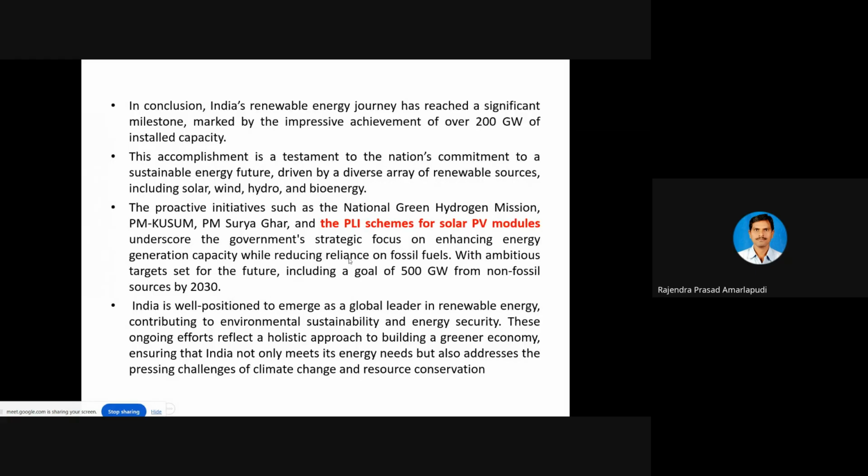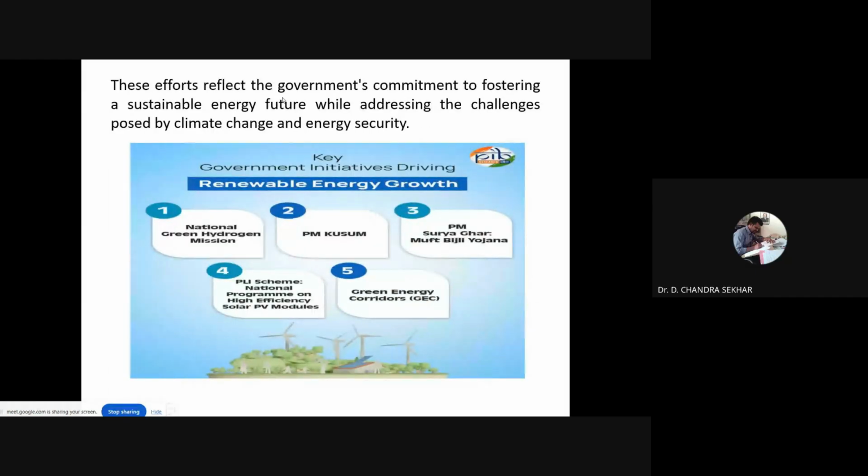These efforts reflect the commitment to fostering sustainable energy for the future while addressing the challenges posed by climate change as well as energy security.